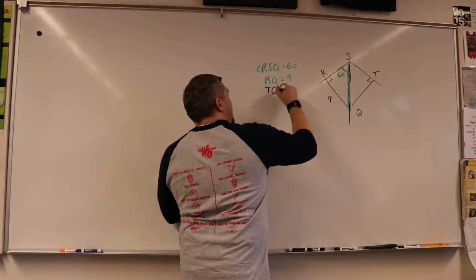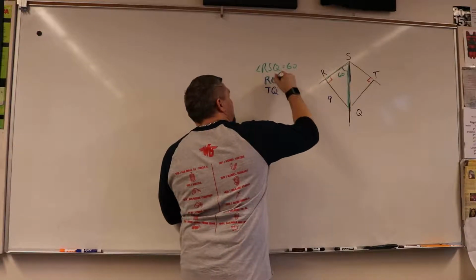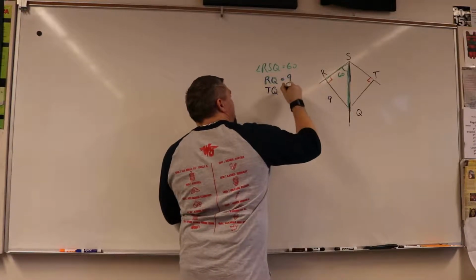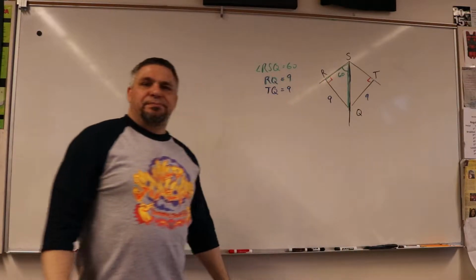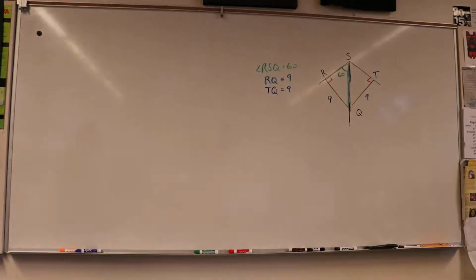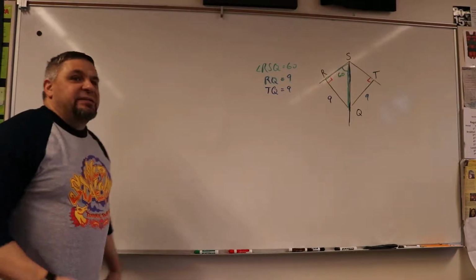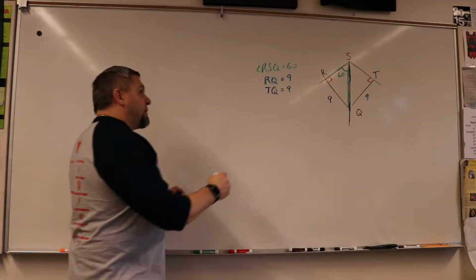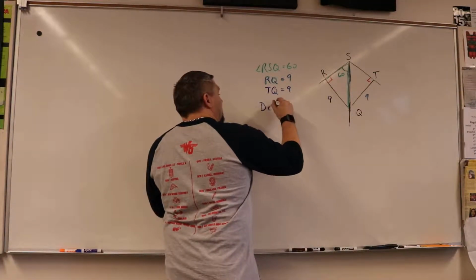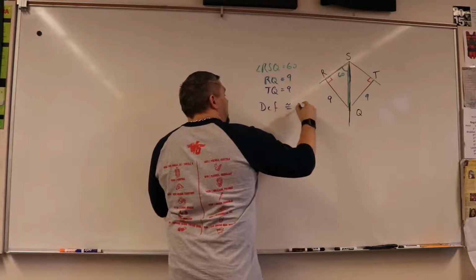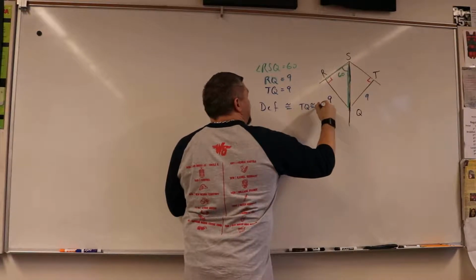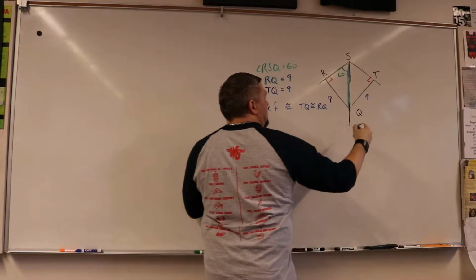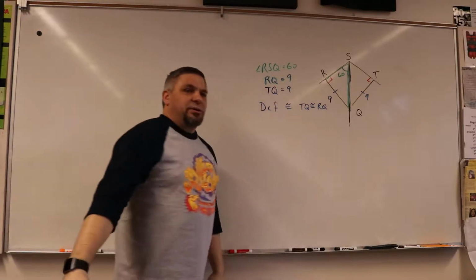So TQ and RQ are both 9. Alright? So by definition of congruency, then TQ is congruent to RQ. We can say that these are congruent, can't we?